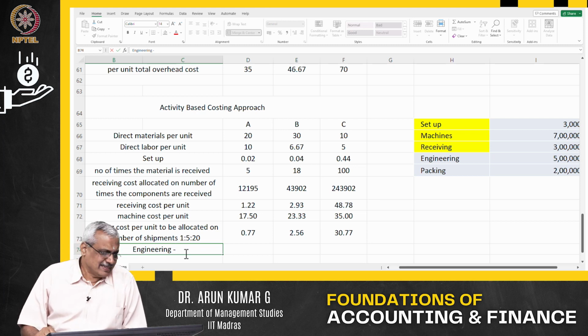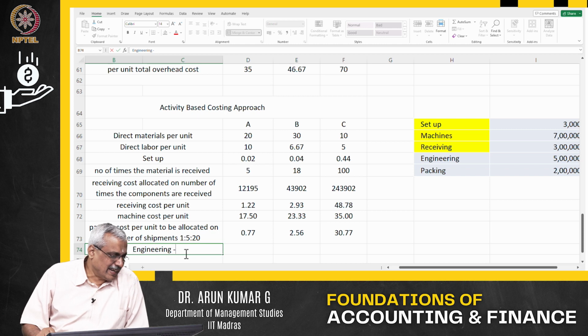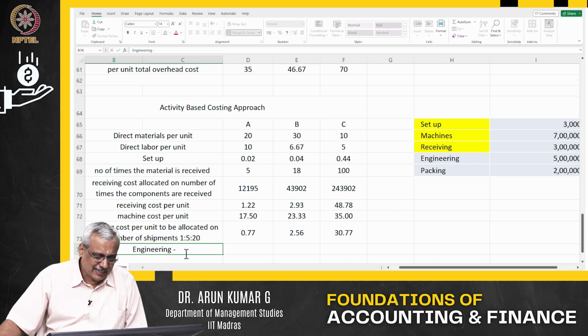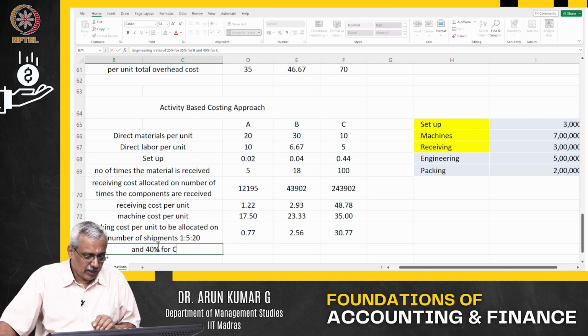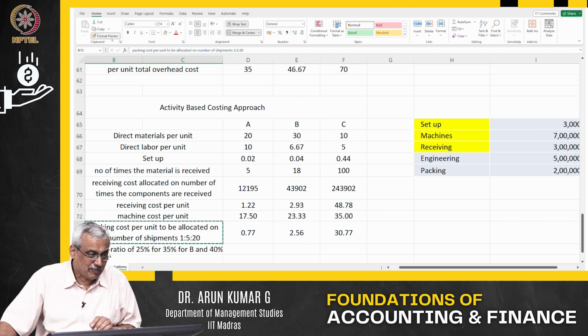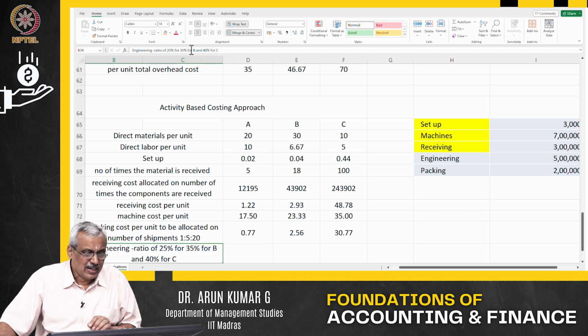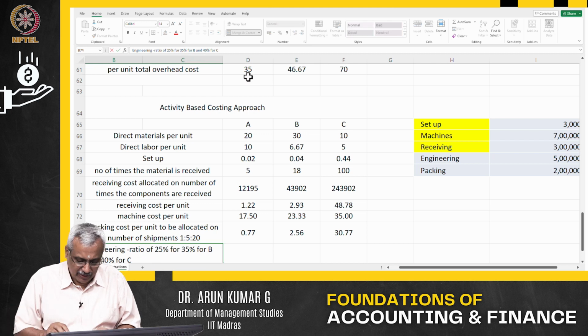The production manager says engineering workload is normally divided in the ratio of 25% for A, 35% for B, and 40% for C. That is what I have used, again a subjective assessment. 25% for A; I had just missed out A there.